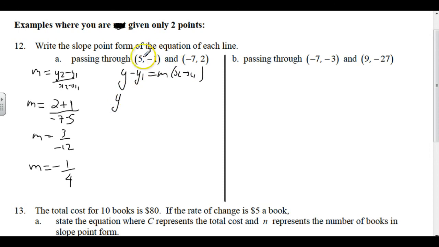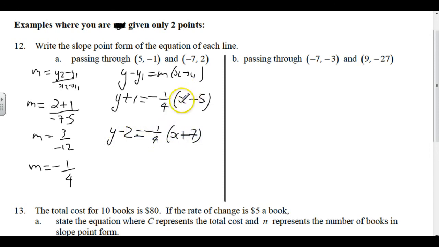I'm going to use this guy, so y plus 1 is equal to negative 1/4 times (x minus 5). And if you did it the other way, it'd be y minus 2 is negative 1/4 times (x plus 7), right? And that's slope point form, or point slope form.